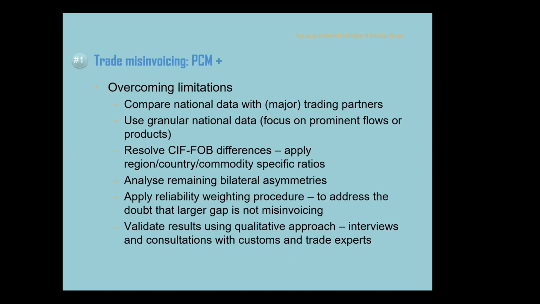So this touches upon the second point, which is to use granular national data, including the most detailed levels of the product classification by partner and all potentially available microdata, by which we could reduce any uncertainties about the source of those bilateral trade asymmetries.